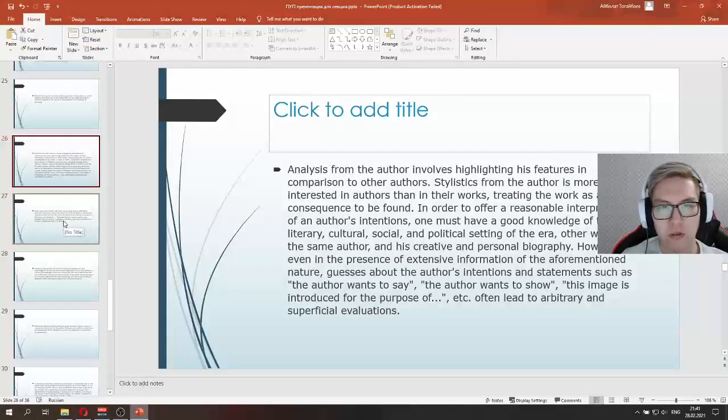Analysis from the author involves highlighting his features in comparison to the author's. Stylistics from the author is more interested in authors than in their works, treating the work as a kind of consequence to be found.